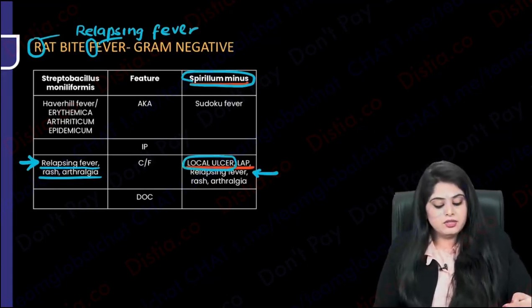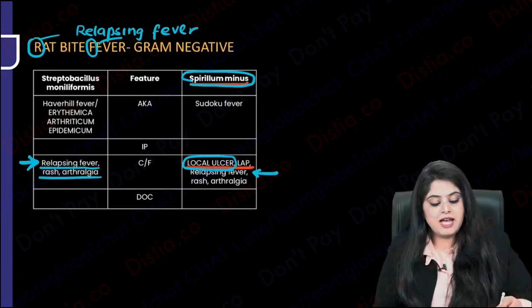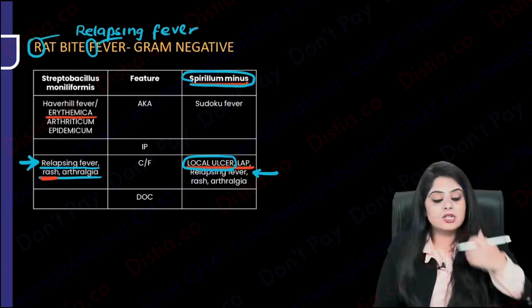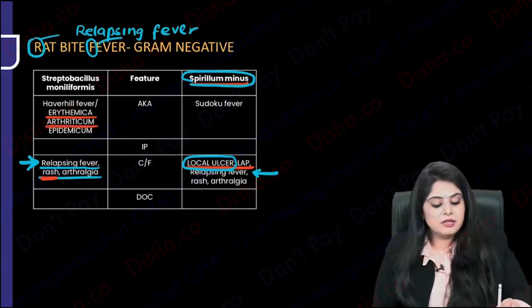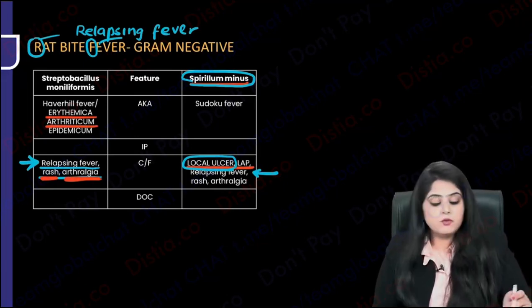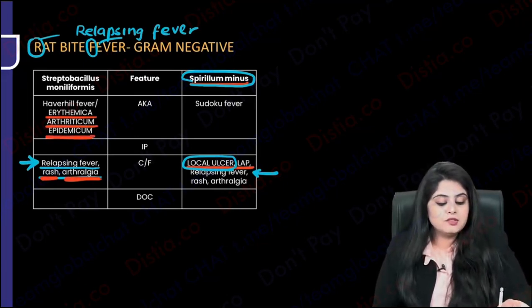Okay, now let's talk about the other names. Please remember this: Haverhill fever. Let's break it: erythemica, meaning a reddish rash; arthriticum, meaning there is some kind of arthralgia, a joint involvement; and epidemicum, because it spreads like that.